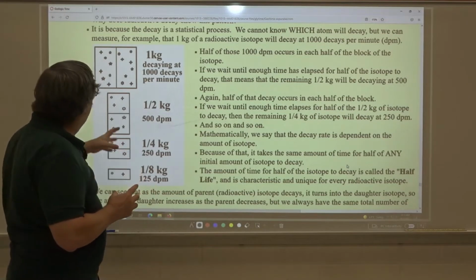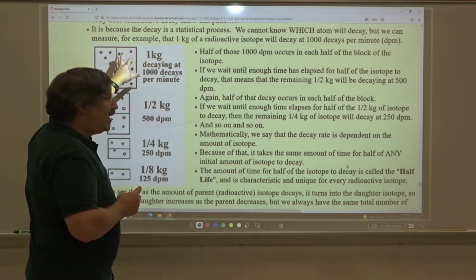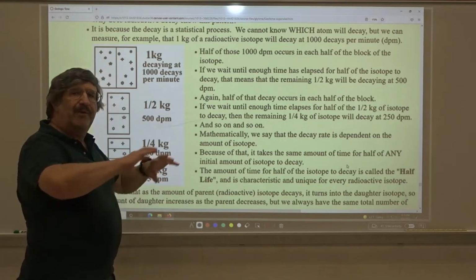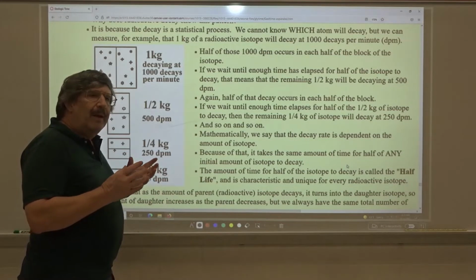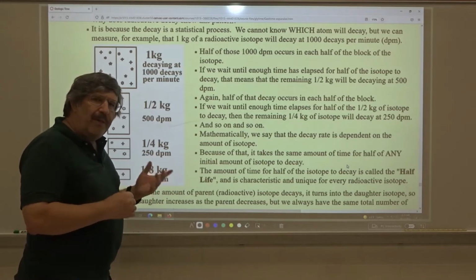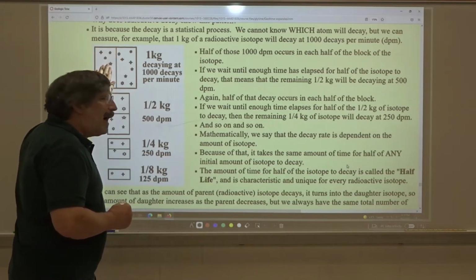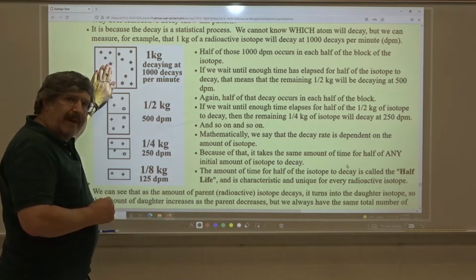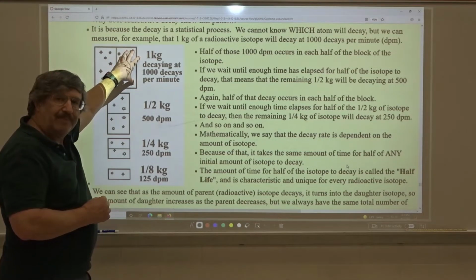And that means that if we look at this 1,000 decays per minute, those 1,000 decays per minute will be distributed throughout this material. Now, there are two things we can do. One thing we can do is we can cut this in half. And if we cut it in half, we have 1/2 kilogram.